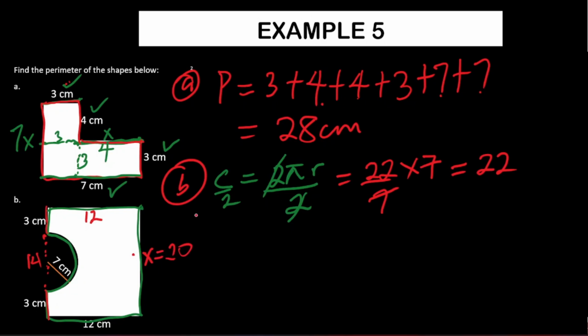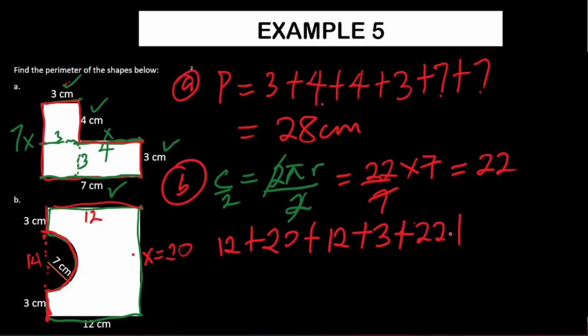We start from this upper part here. That is 12 plus 20 plus 12 plus the first 3, this 3 here, plus this half of a circumference, which is 22, plus the second 3. Then we add everything together. So this is the perimeter.